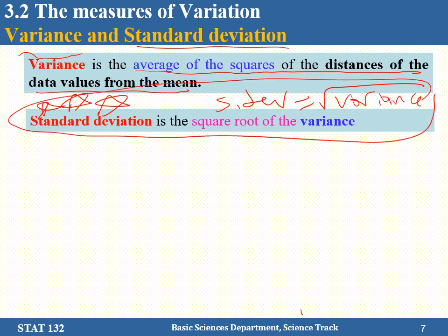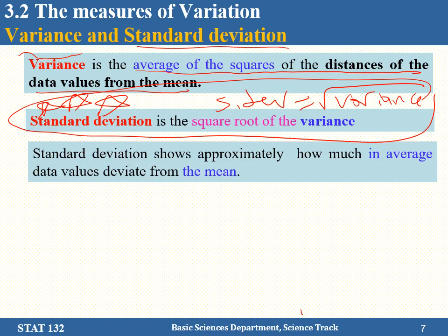And what does this mean? The meaning of standard deviation in this case is that it shows approximately how much, on average, data values deviate from the mean. So it's like we looked at the distances.